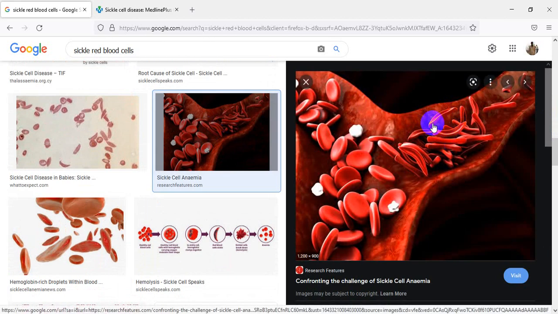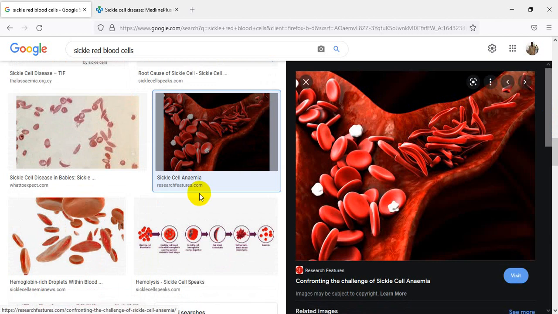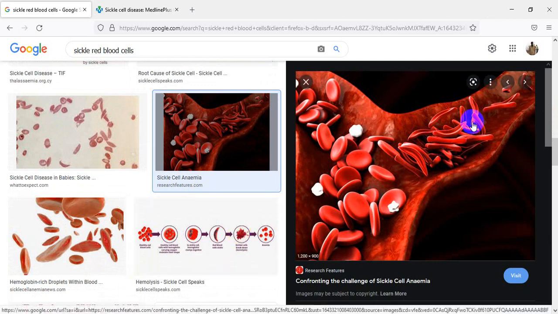Look at how they are collected here. Blood finds it difficult to flow, and they are not able to distribute oxygen. They are not able to carry oxygen and nutrients to the developing fetus or to the organs that need them, because they are blocking blood vessels.